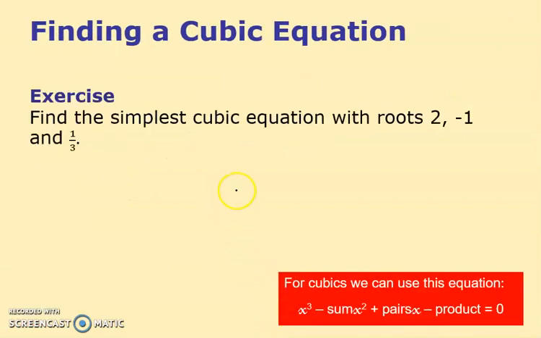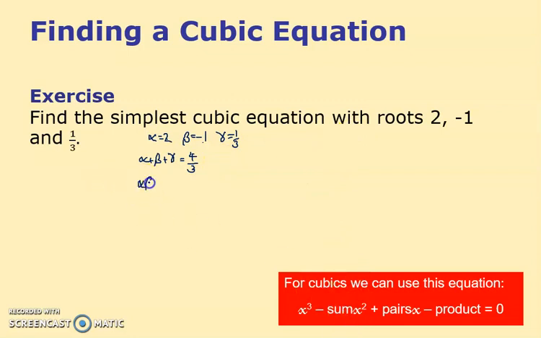Here's another one. Find the simplest cubic equation with roots 2, minus 1 and a third. Well, let's write it properly. Alpha is 2, beta is minus 1, and gamma is a third. So add them up. Alpha plus beta plus gamma. What's that? That's 1 and a third, that's 4 thirds. Now then I can do the pairs.